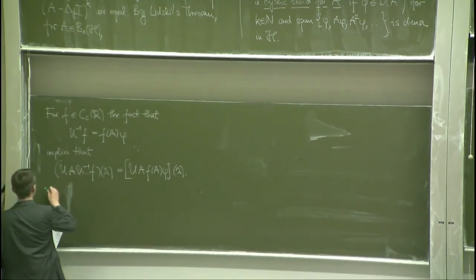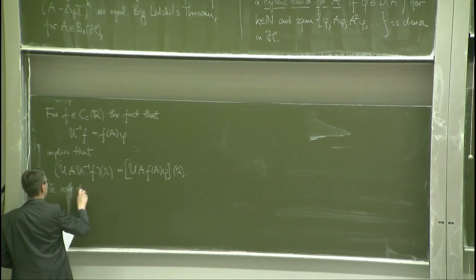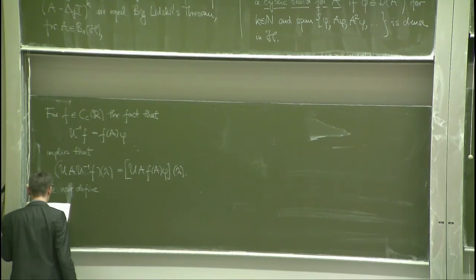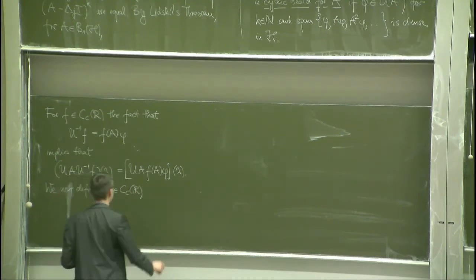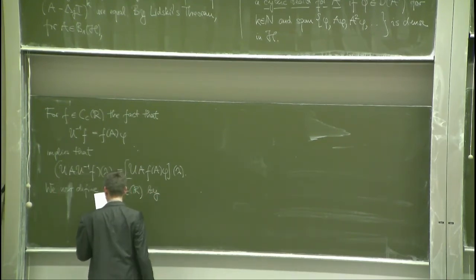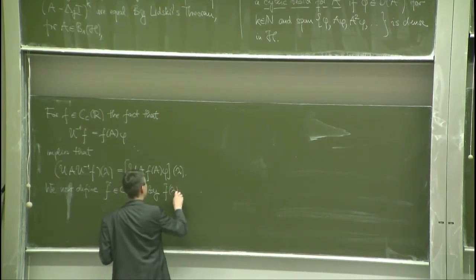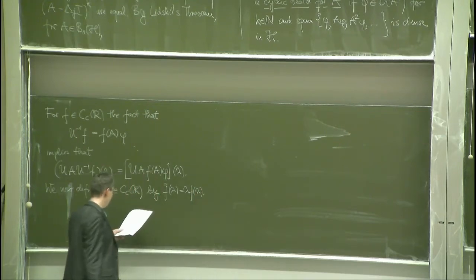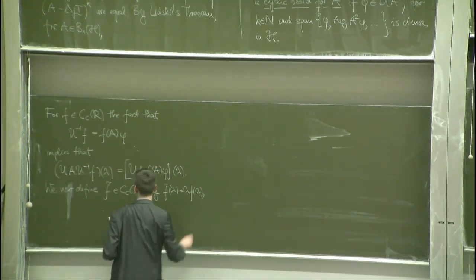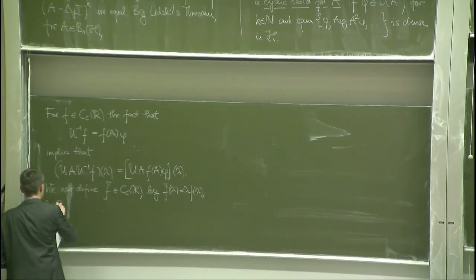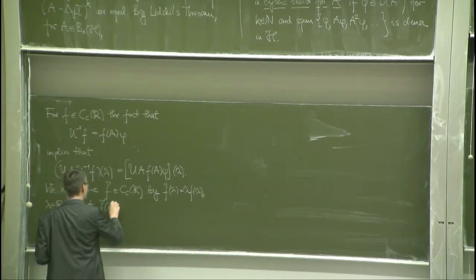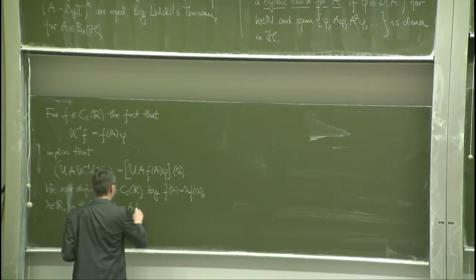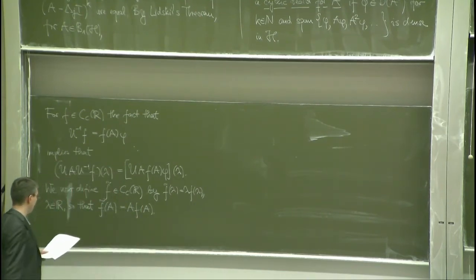And we now define a map f twiddle in C_c(R) by setting f twiddle of lambda should be lambda f(lambda) for lambda in R, so that we have that f twiddle of A is equal to A f(A).